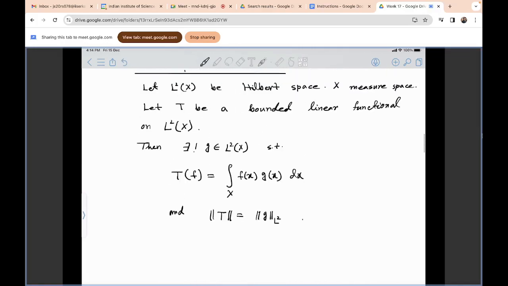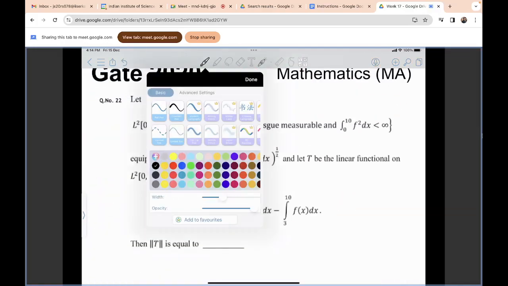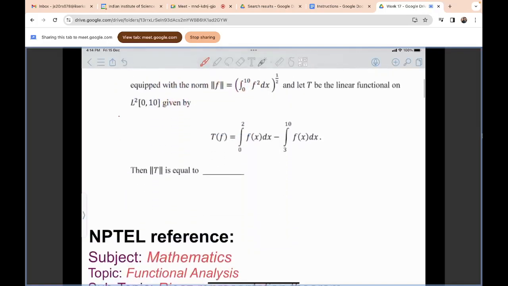So therefore the L2 norm of T is equal to 3.